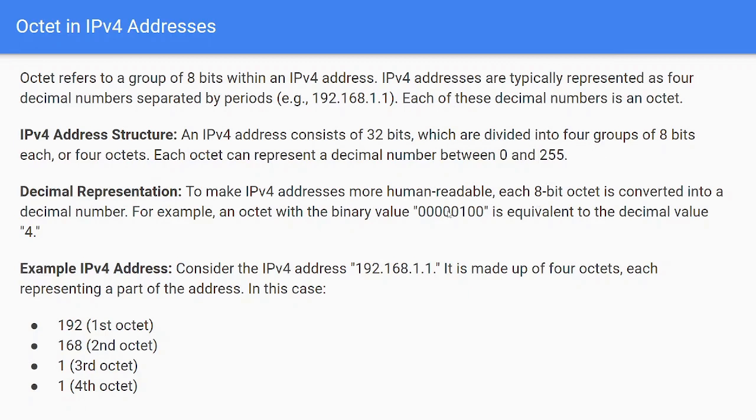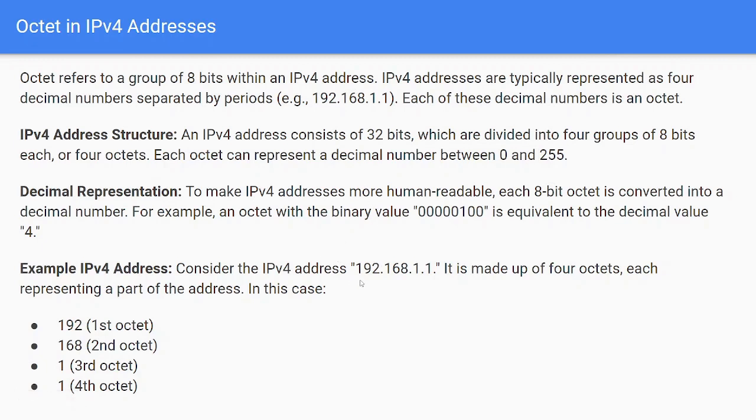If you convert this, doing your 2 raised to power 0, 1 times 2 raised to power 2, all those kinds of things, you'll be able to get your value as 4. So the goal is basically to convert your 8 bits into decimal numbers. So that's it. That's an example of an octet.